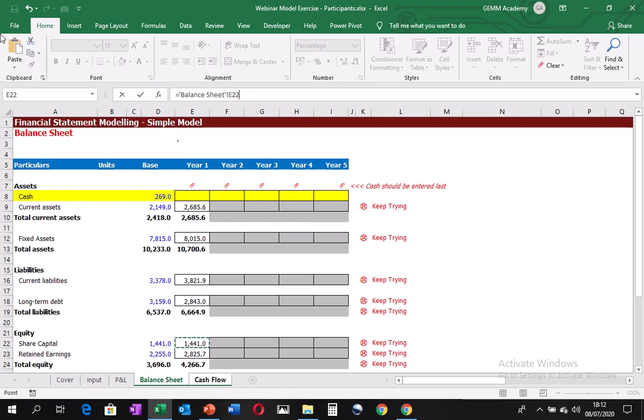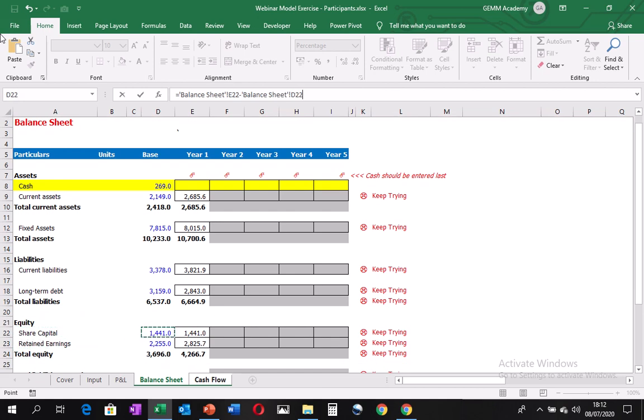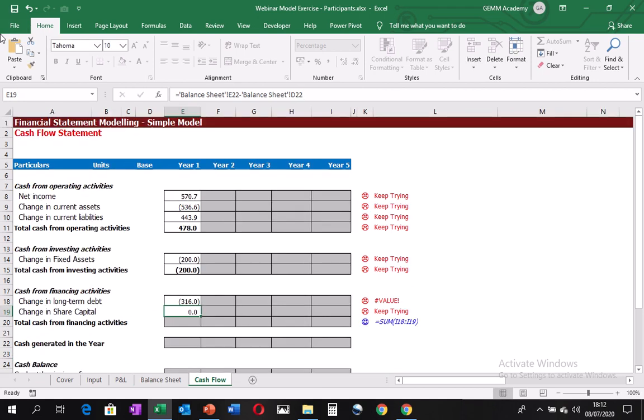But when share capital is decreasing, it means there is a redemption of shares. So we need to say the current period less the base year, to show that increase or decrease in share capital. Right.